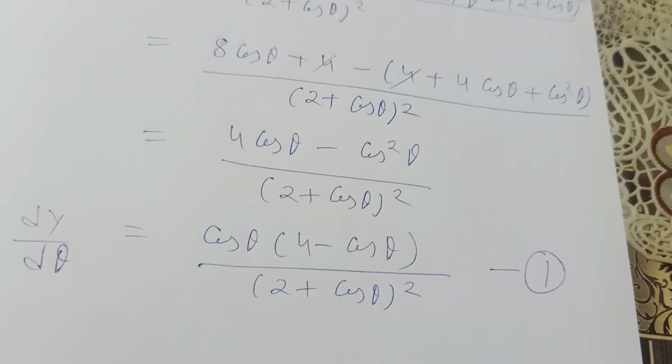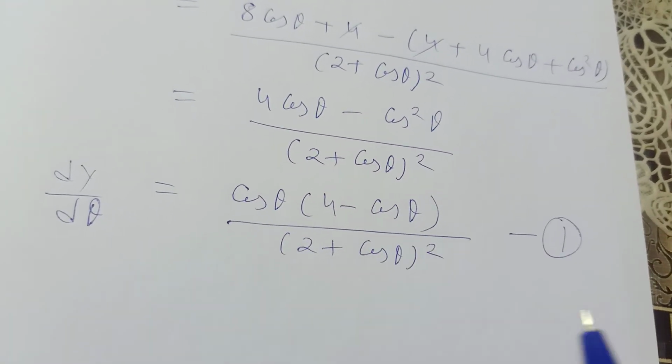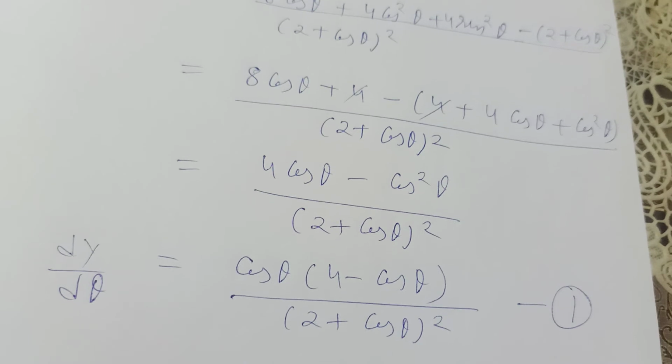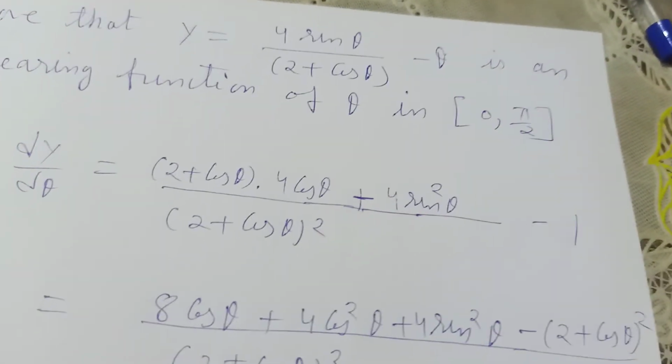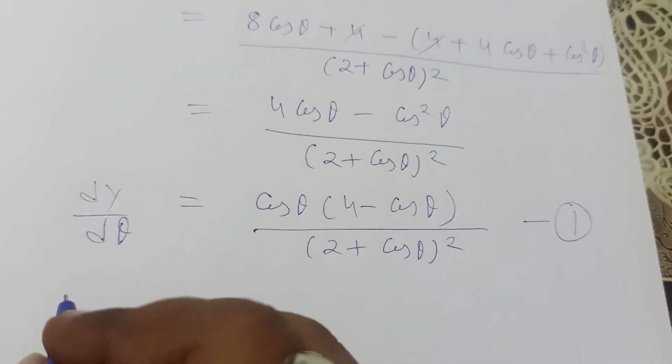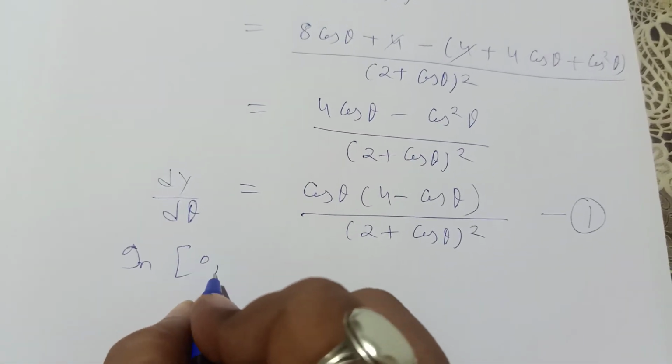Now what will be the sign of this value, positive, negative, or 0? The interval is given as 0 to pi by 2, closed interval 0 to pi by 2.